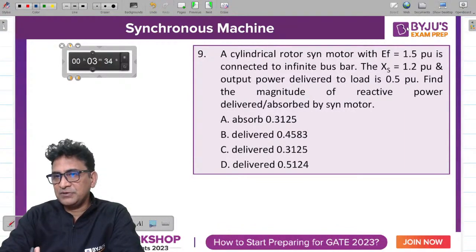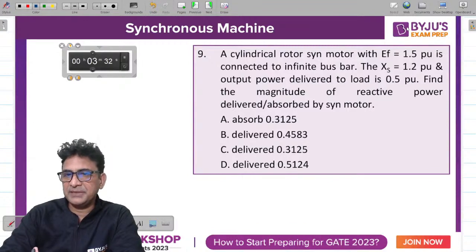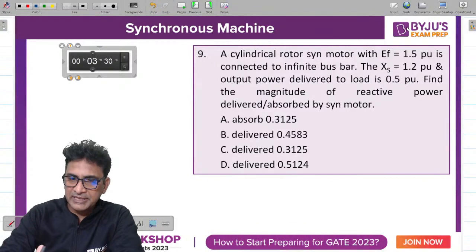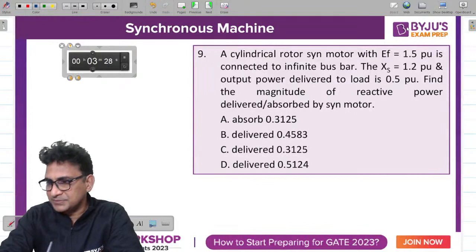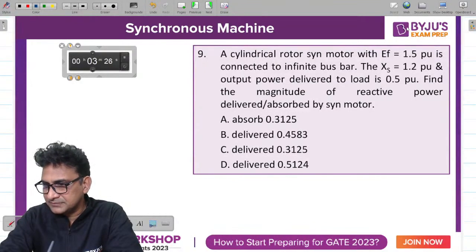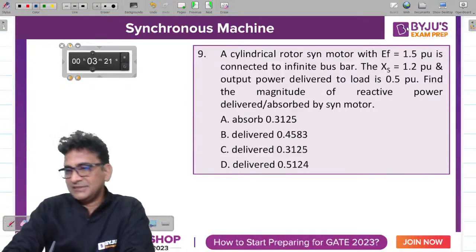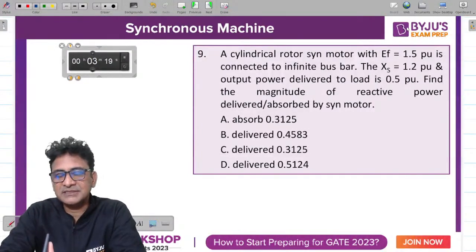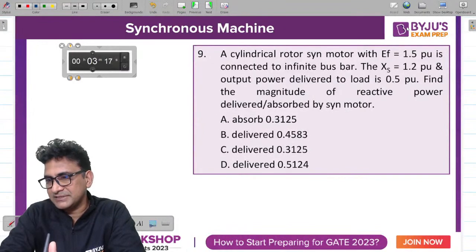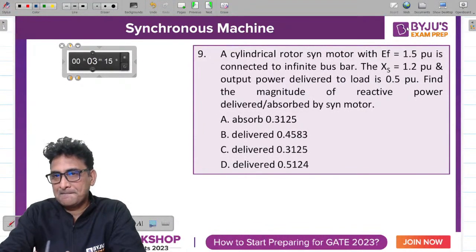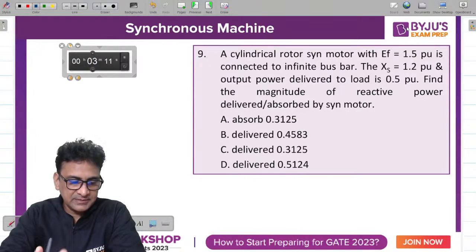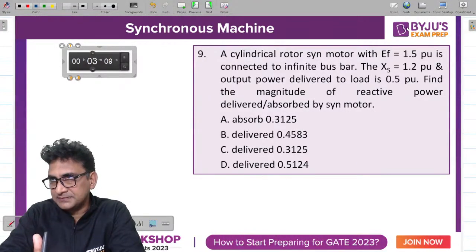You have to find the magnitude of reactive power delivered or absorbed by the synchronous motor. No doubt, DC is the easiest of the electrical machines and the synchronous machine is the toughest.